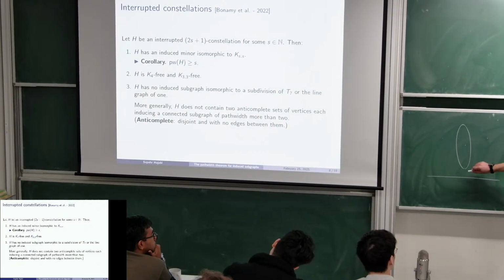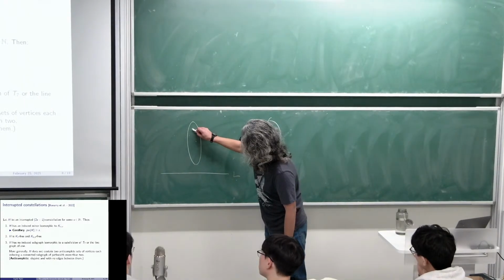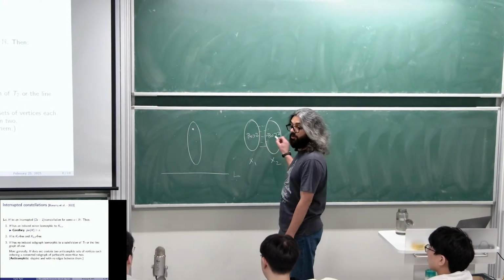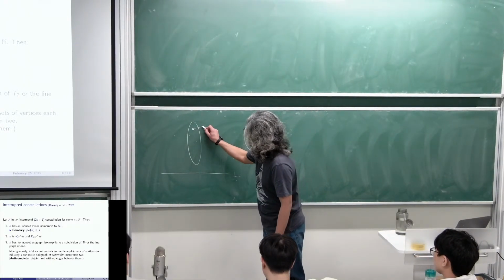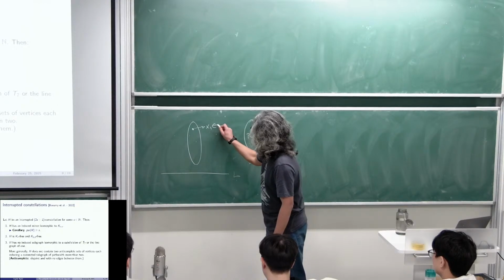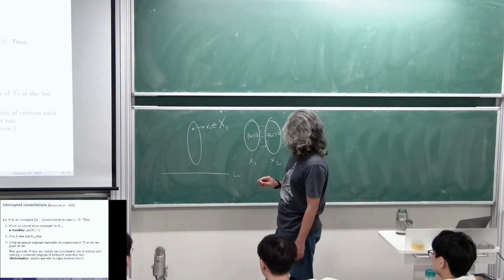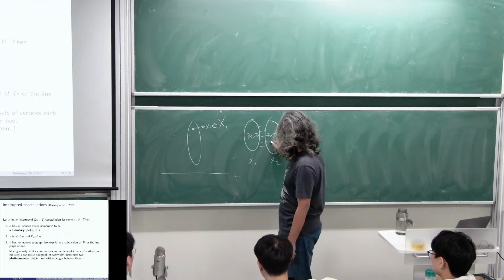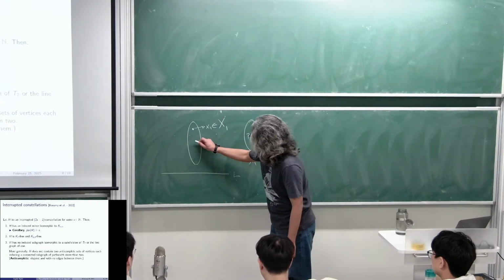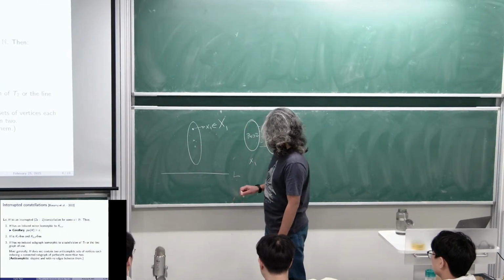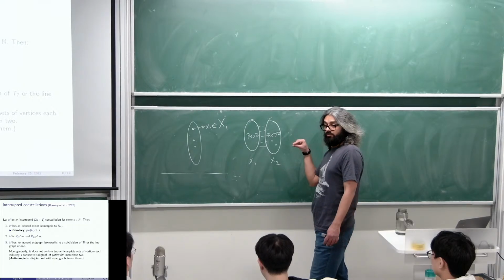So now let's think about the topmost vertex in the stable set that belongs to either one of these. Let's say it's called x1 and it belongs to the induced subgraph x1. And now let's choose 2 vertices in x2 that belong to the stable set, and they're as close to each other as possible.